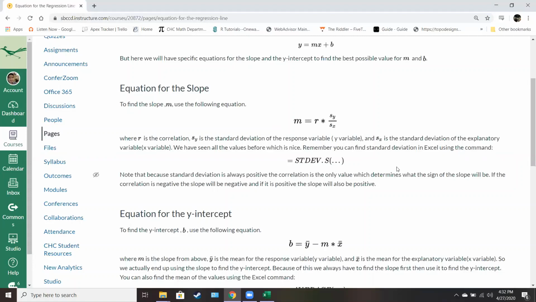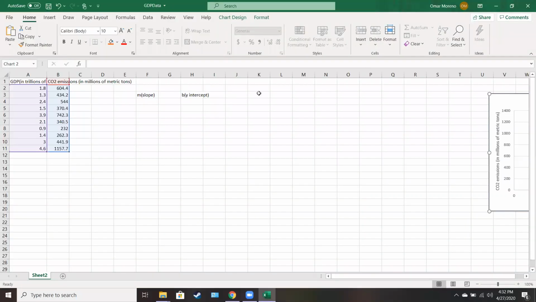Then from there, I can find the y-intercept. This is the sample mean of the y values minus this slope times the sample mean of the x values. I have to find the slope first, because I can't find the y-intercept without plugging this number in. A couple of different things are involved, and it's a matter of finding each of the individual values and then plugging everything in.